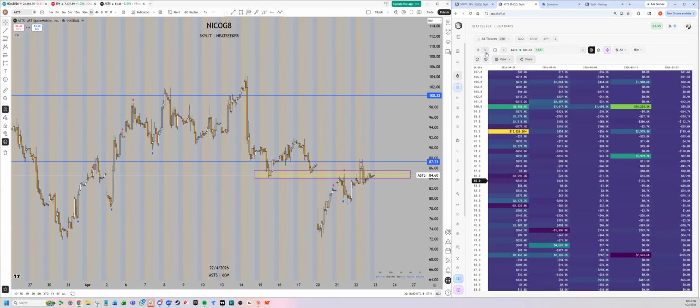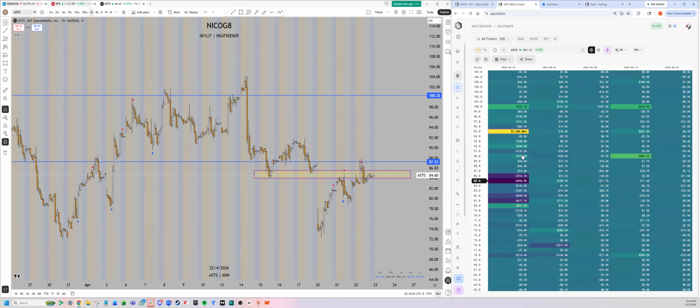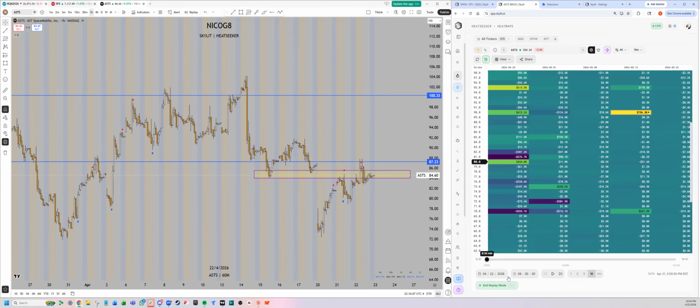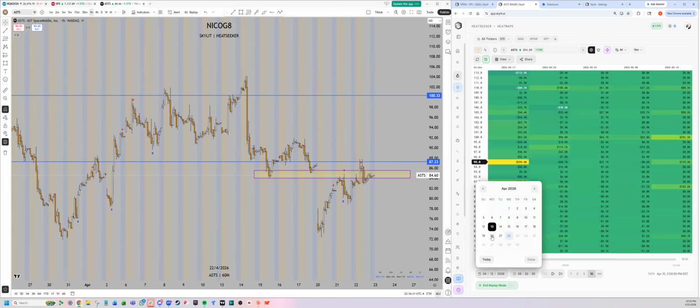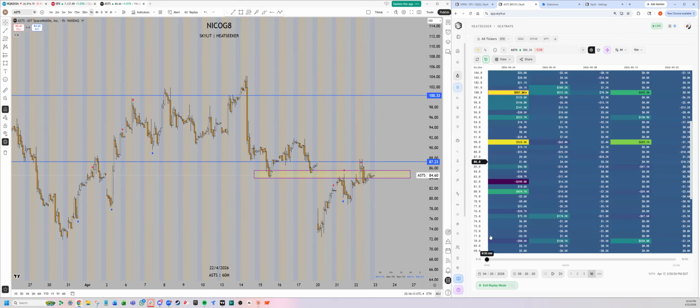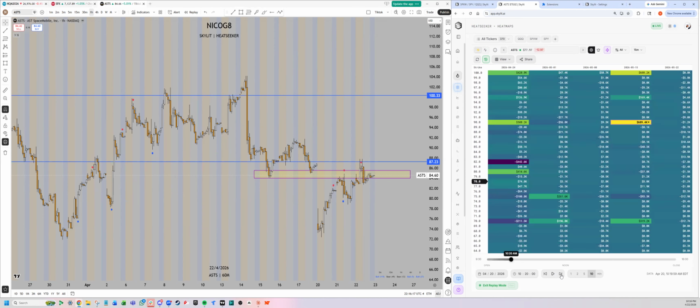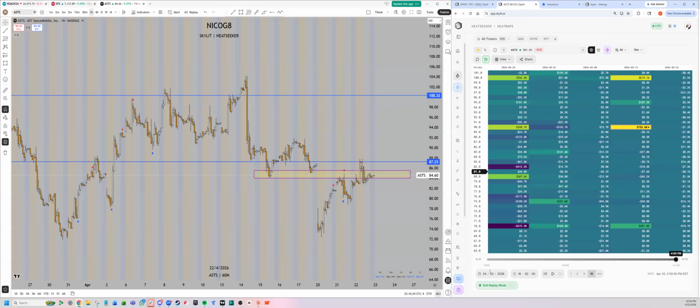This 95 node is very large. Has that been there? 1.5K. Wait, has that been there since Monday? Ah, shoot, that was last week. Oh, actually, I don't know if I like that node as much. It's definitely grown.